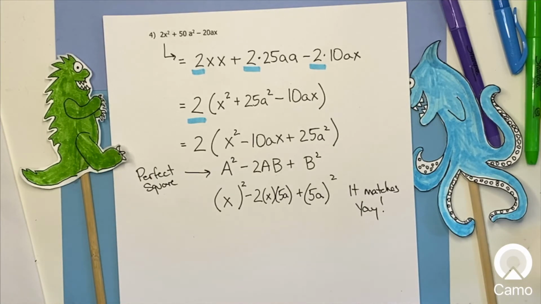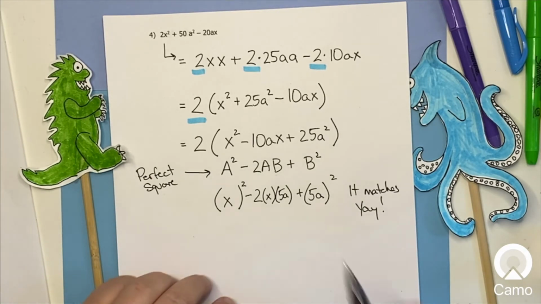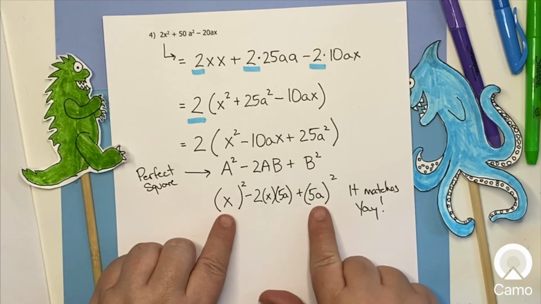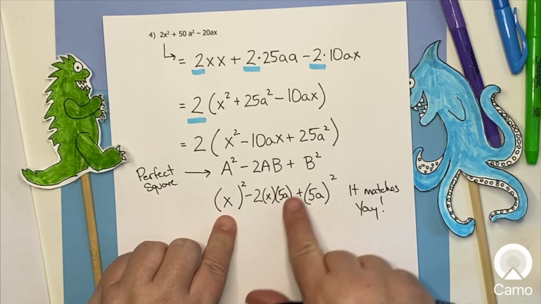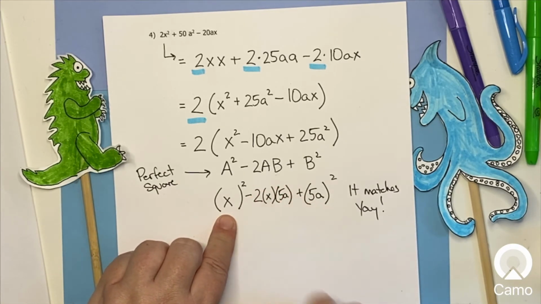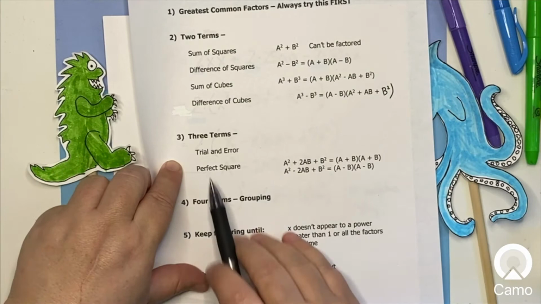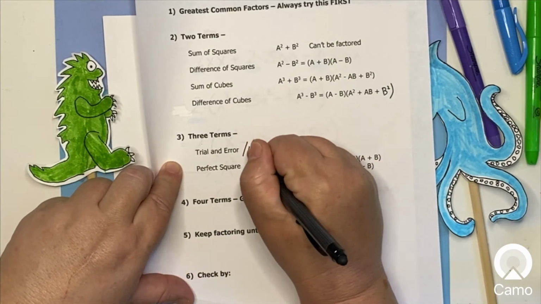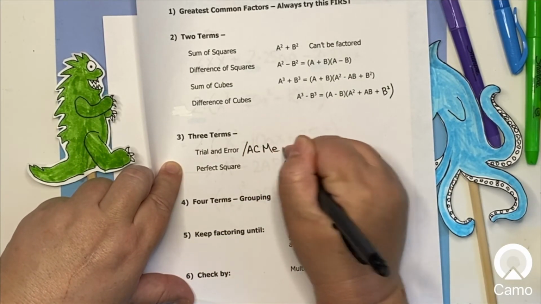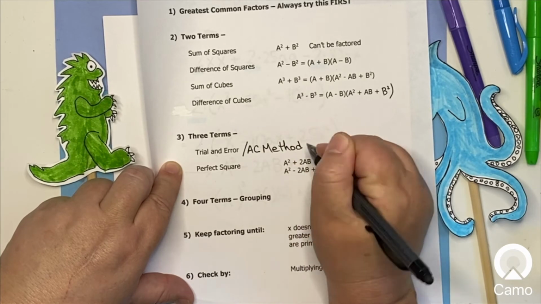Now, do you always have a perfect square? No. A lot of times, even though the first and the last work, there are shenanigans in the middle and it doesn't quite fit. And if that's the case and you don't have a perfect square, then you're going to have to go through trial and error / AC method. Let me write that down because it's one of the other options.